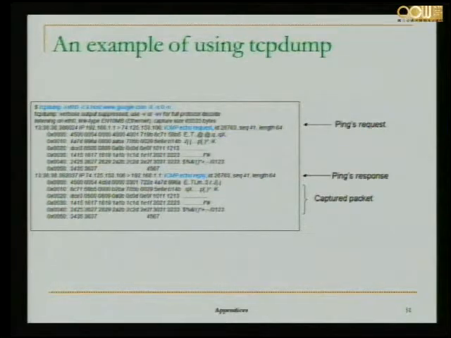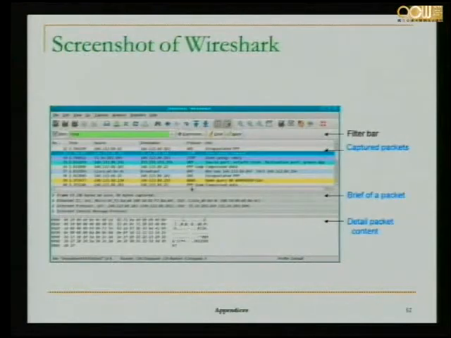tcpdump or Wireshark. tcpdump and Wireshark are used to sniff packets. You want to listen to packets, parse the packet and see the packet, and you use tcpdump or Wireshark. So you would be able to decode the packet. Each line here is a packet, and it would decode the headers and show you the binary, well, in hexadecimal.